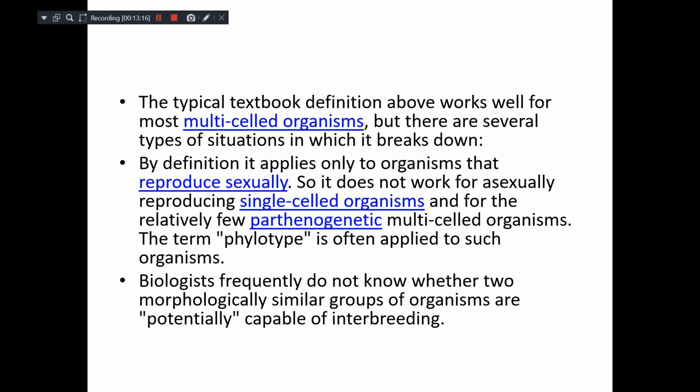Whereas there are certain single-celled organisms which reproduce asexually, or certain organisms which reproduce as parthenogenetic organisms. Can we apply the same definition to single-celled organisms which undertake asexual reproduction, or parthenogenesis, or budding?